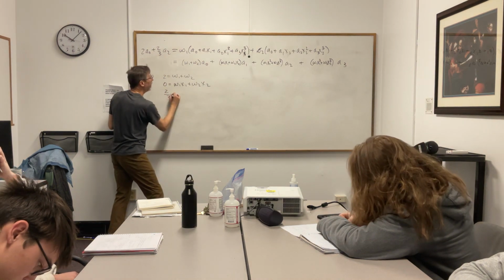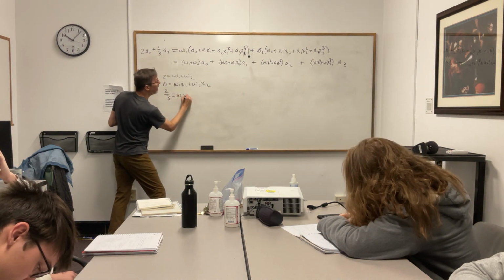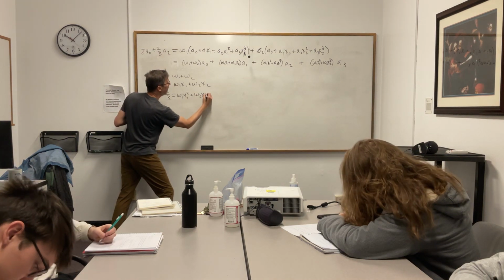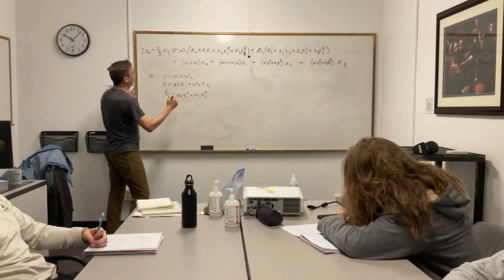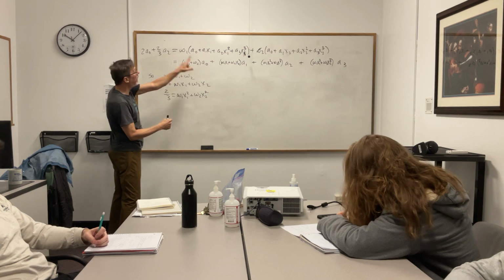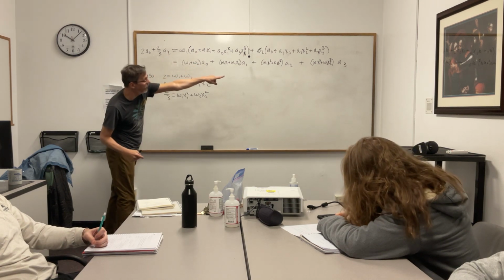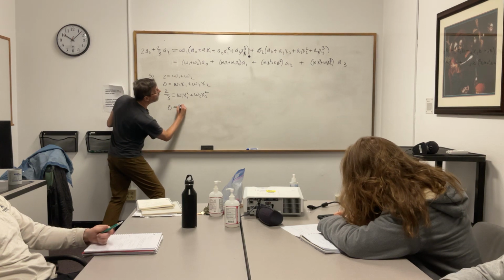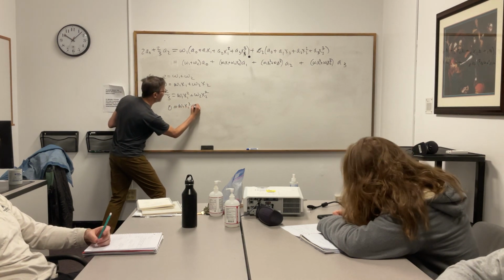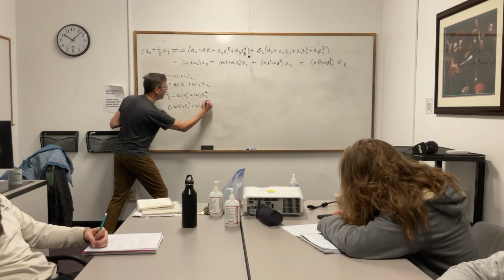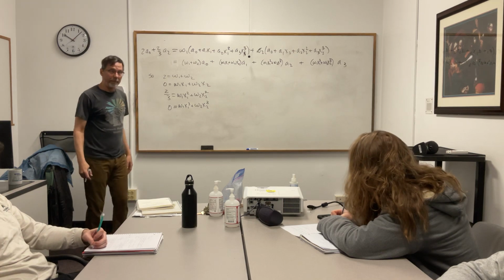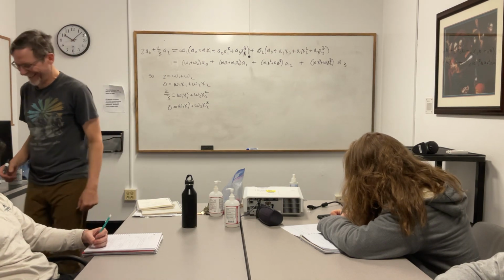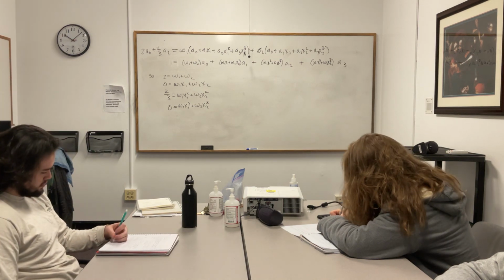So 2/3 equals W1 x1 squared plus W2 x2 squared. And then lastly, there's no A3 here, so that coefficient on the end must be 0. So we have 0 equals W1 x1 cubed plus W2 x2 cubed. And so we need to solve.